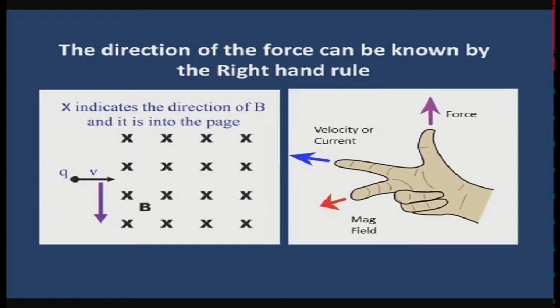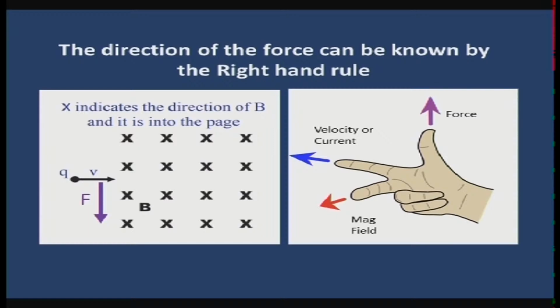Now, consider a magnetic field which is into the paper. The charged particle, which has charge q, is moving towards the right. Now, using the right hand thumb rule, we can find the direction of the force.